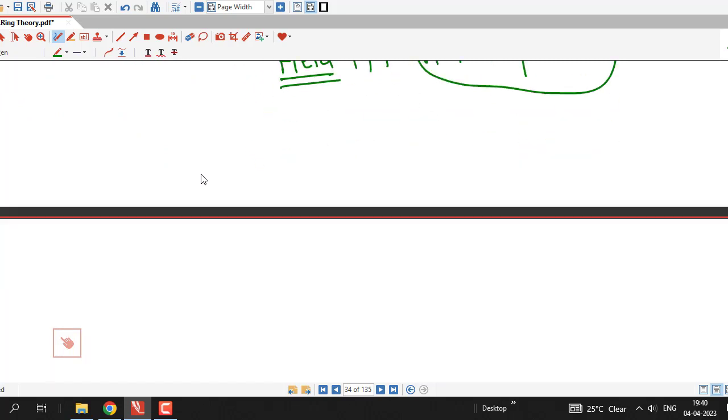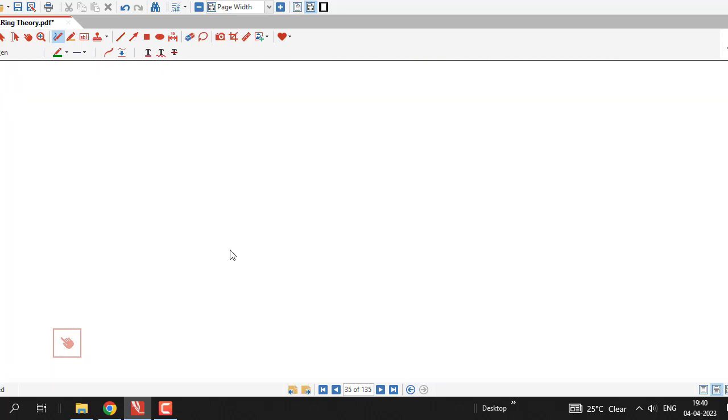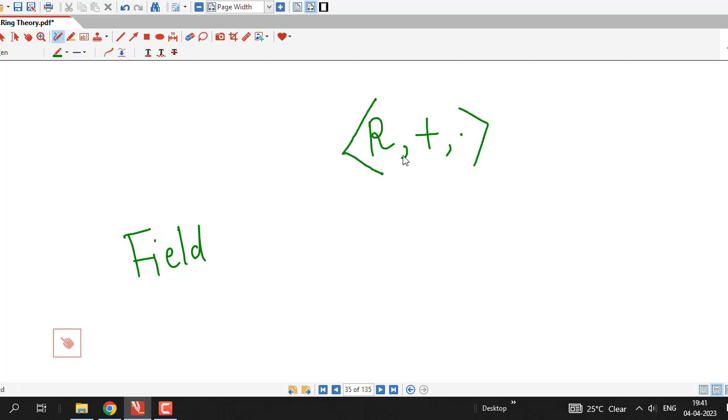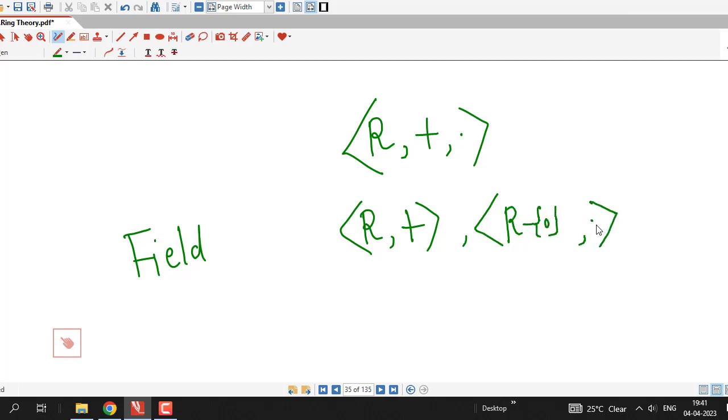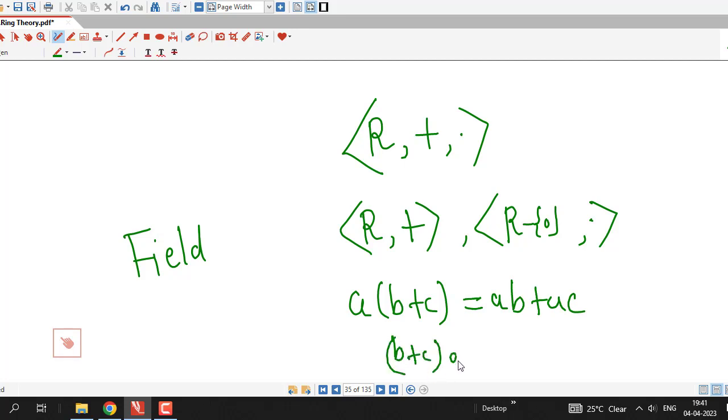So in this way we have this interesting concept of a field, which is a ring with extra properties. R with addition and multiplication operations is a field if R with addition is an abelian group, R minus 0 with multiplication is an abelian group, and the distributive property is satisfied: A into B plus C equals AB plus AC, and B plus C into A equals BA plus CA.